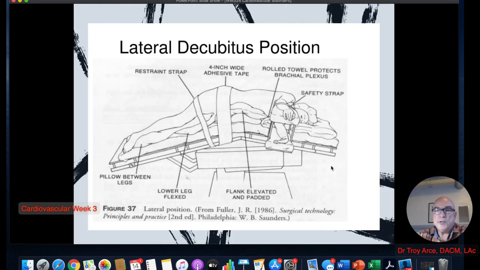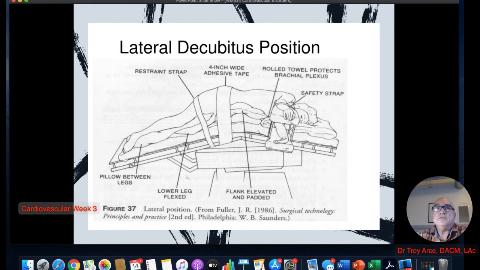So here's your lateral decubitus position. I don't know if we're going to be doing all that, strapping them down and all that stuff. Looks like they're going to do some type of procedure to this person. But that's just the position, right?